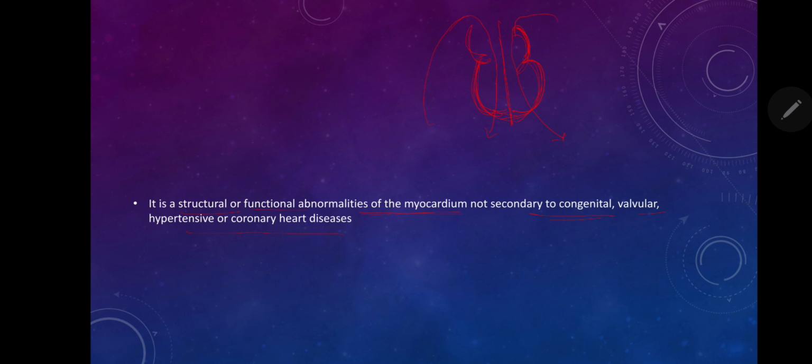When there is a problem in the cardiac muscle, it is unable to pump the blood from its chambers to the respective parts. That's why there are signs of heart failure. So this is the main pathology and definition of cardiomyopathy: a primary problem of the myocardium, not due to any secondary cause of muscle problem.